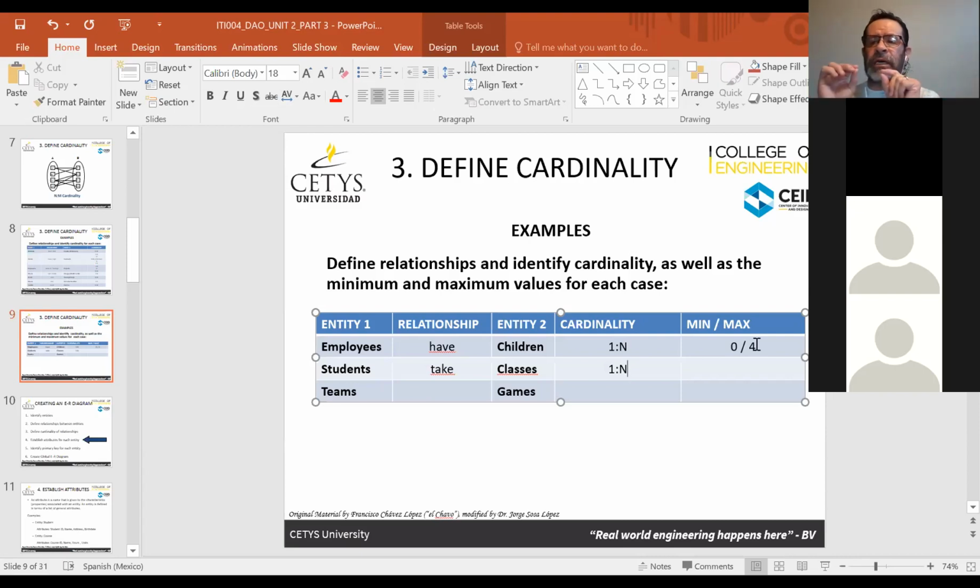Let's assume that this is not related to financial aid or anything like that. What would be the minimum amount of courses you would need to take at a university, let's say, for you to be considered a student? 1. Yeah. So the minimum would be 1. If you take 0 courses, you're not enrolled. So at least you have to take 1.